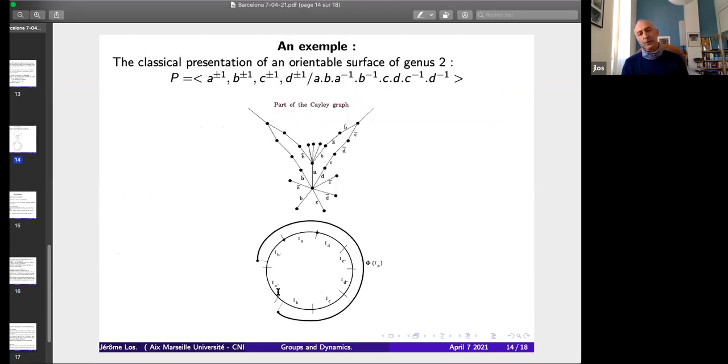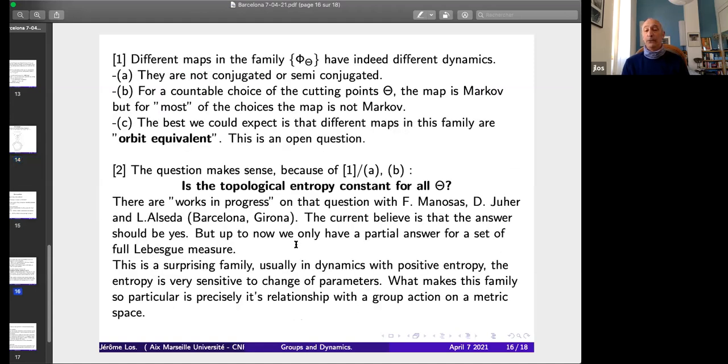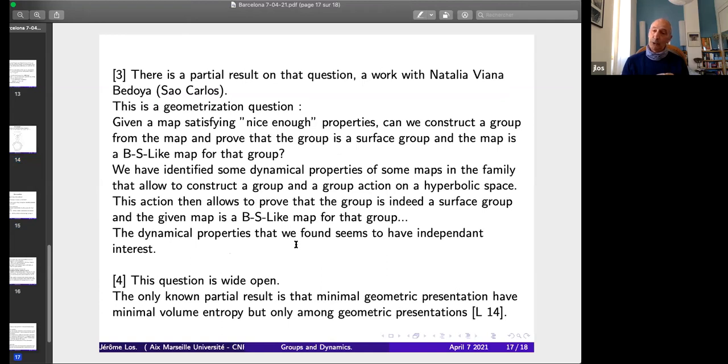This picture shows you that the image of one interval intersects all other intervals except one. And the one that is not intersected exactly corresponds to the inverse of the generator associated to the first interval. So this is the first part of the property. We need to assume that the map is really extremely expanding.